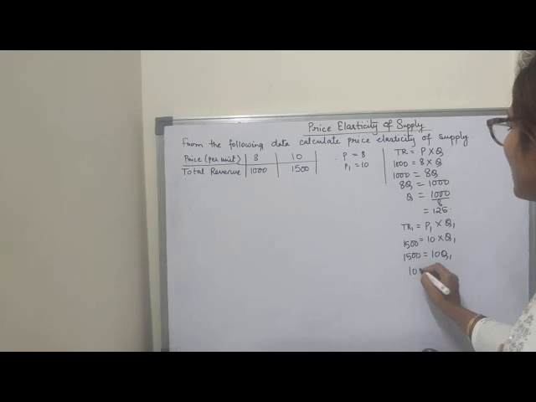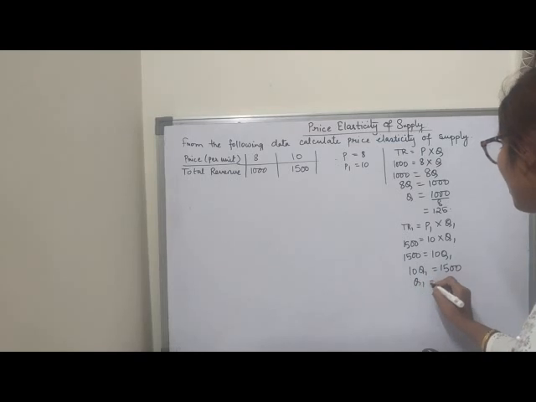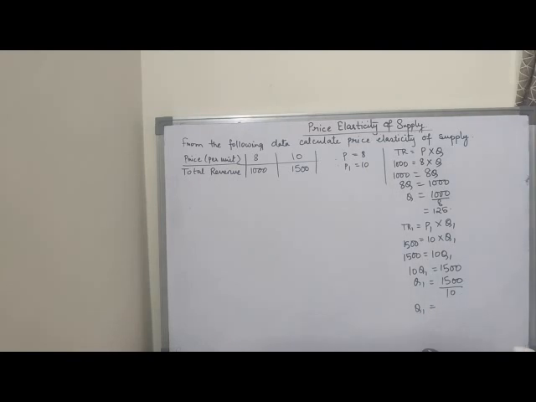I can bring this 10 Q1 here and 1500 on the right hand side. Now Q1 is equal to 1500 divided by 10. Now you tell me how much Q1 is equal to. So Q1 is 150.